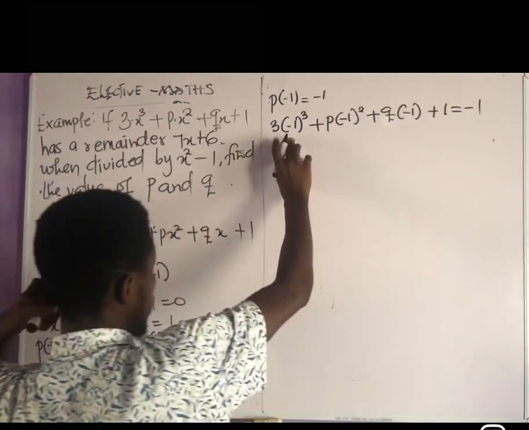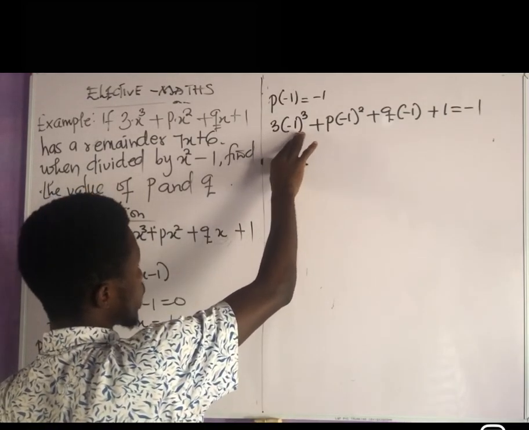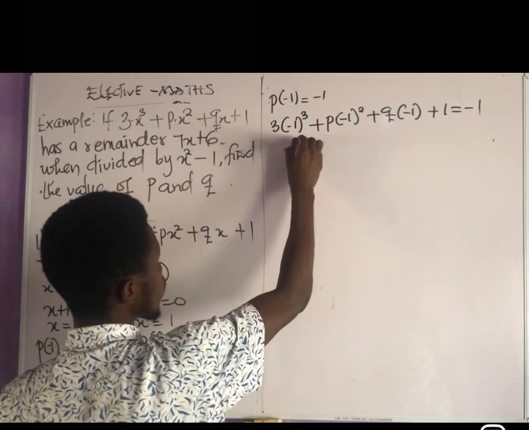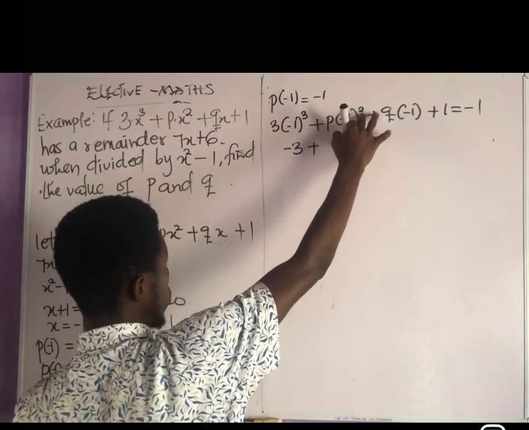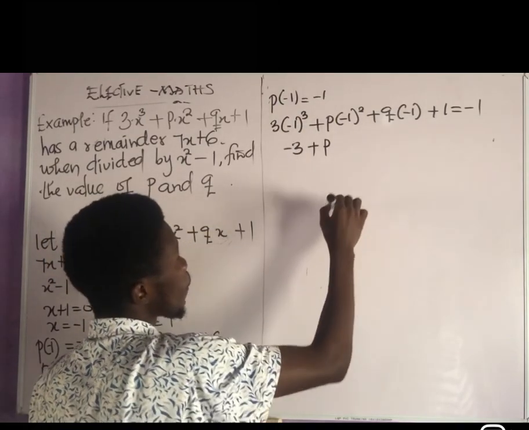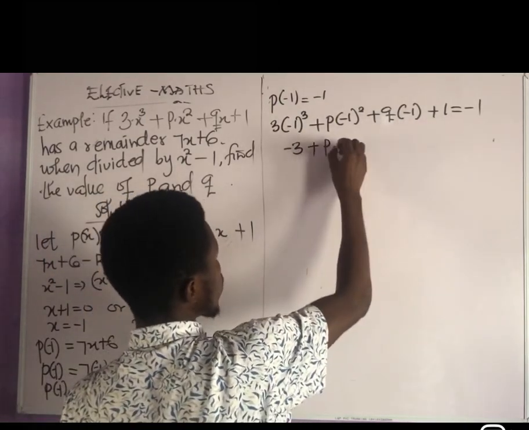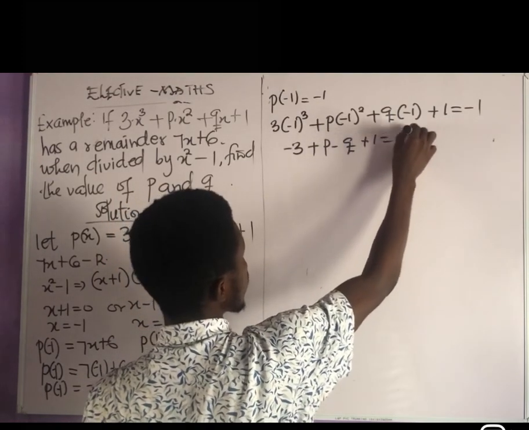So negative 1 to the power 3 is negative 1, times 3 gives negative 3, plus negative 1 squared is positive 1, 1 times p is p. Negative 1 times q gives negative q, plus 1.